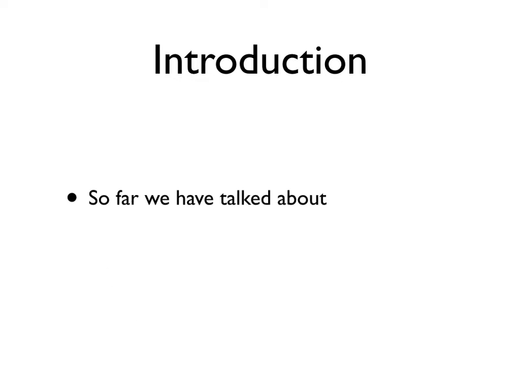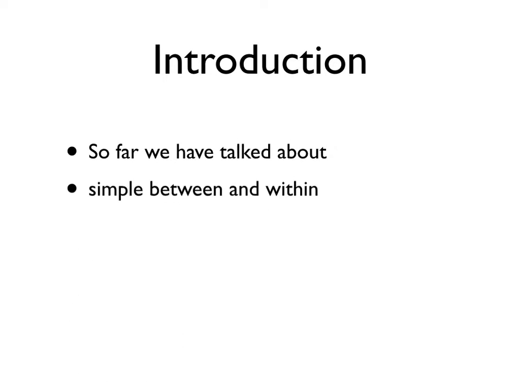That's awful. Okay, so far we've talked about a simple between and within design. The simple between design is the one-way analysis of variance, which you should recognize from just a little while ago. And the simple within subjects design, or repeated measures design, which is one variable with repeated measures, is equal to mu plus tau plus pi plus tau pi.